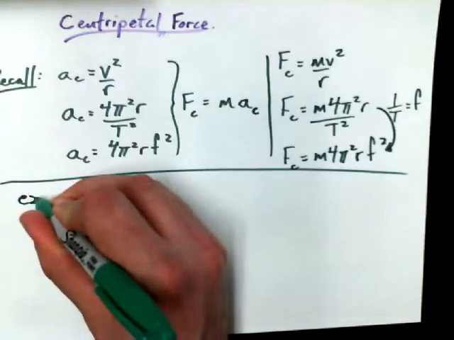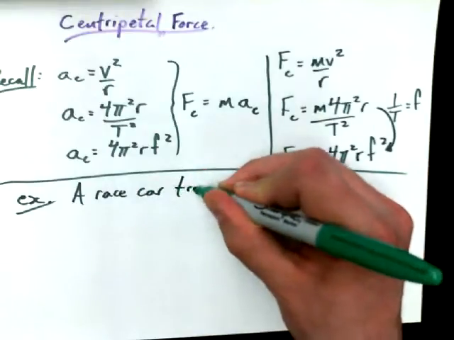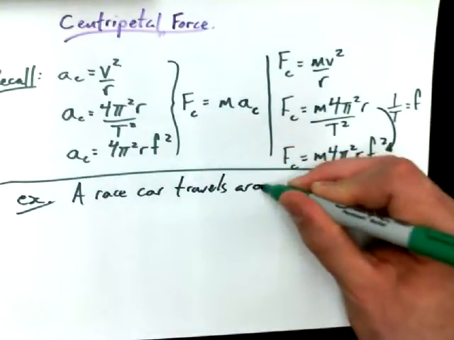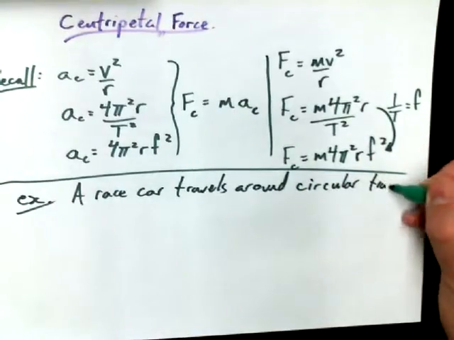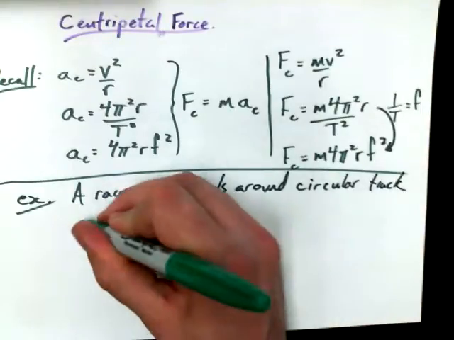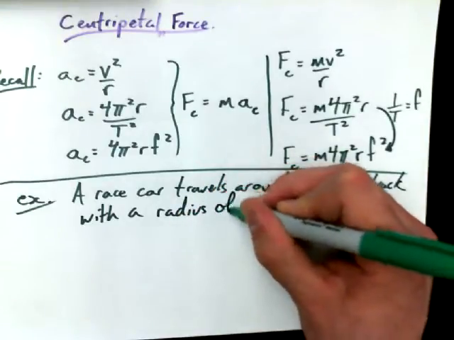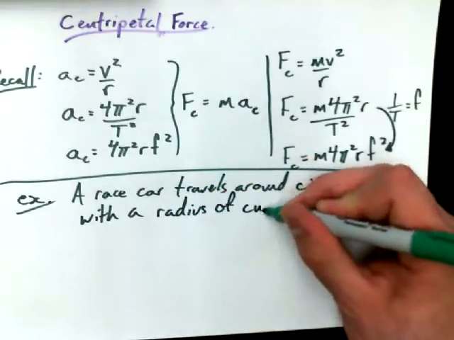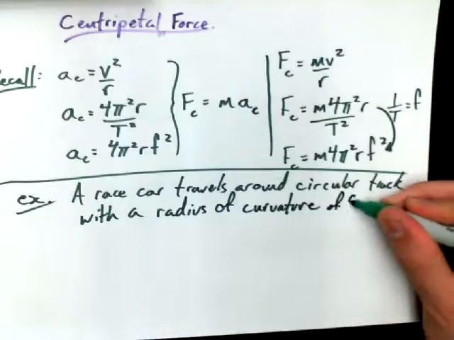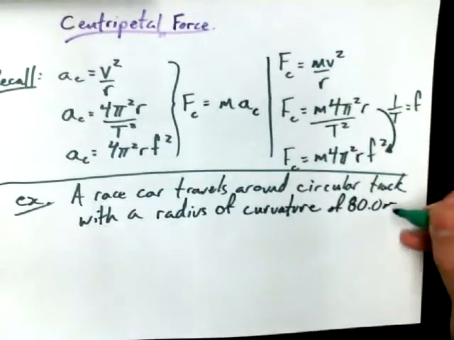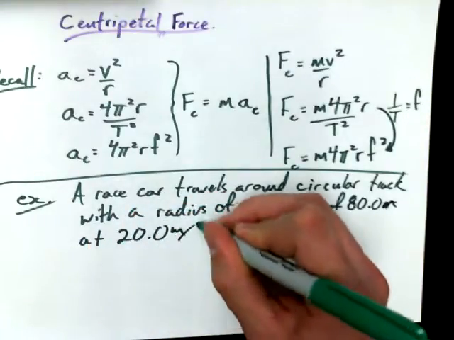So in an example, we might have a race car traveling around a circular track with a radius of curvature, that just means the radius of the circle, of 80 meters at 20.0 meters per second.